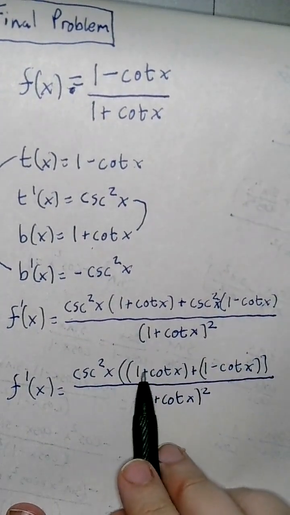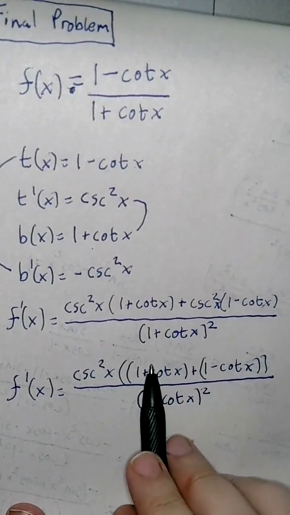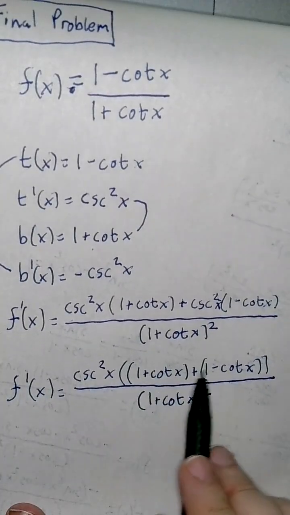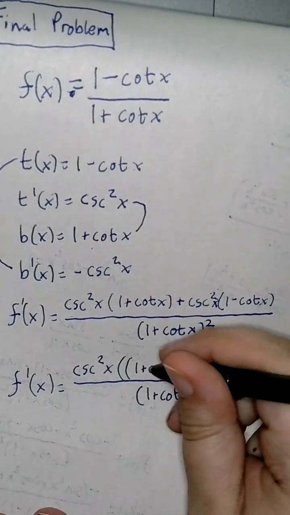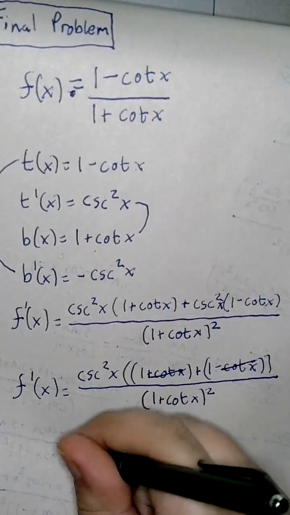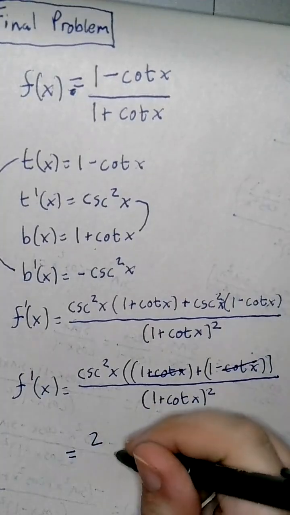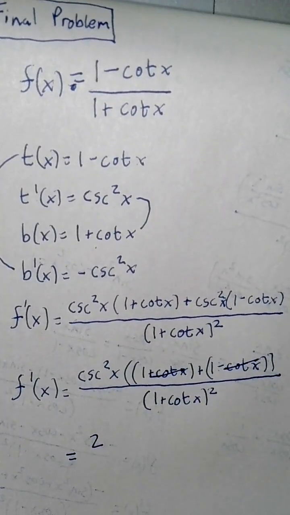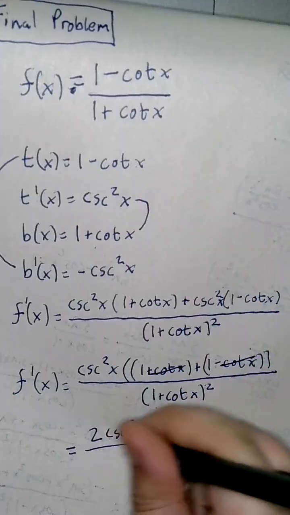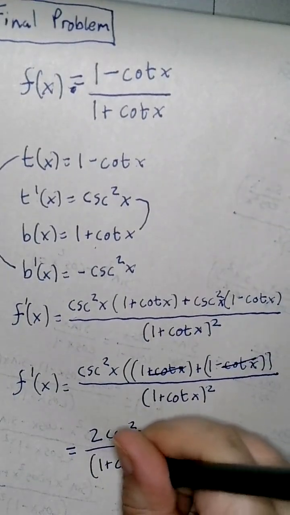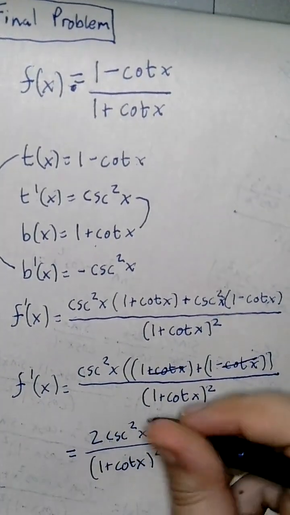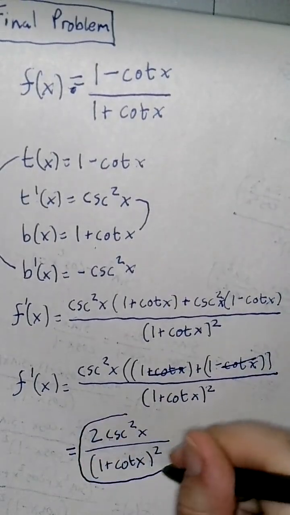Now I can combine like terms inside my parentheses. 1 plus 1 gives me 2, and cotangent plus a negative cotangent is 0, so we can say bye to those cotangents. So I'm left with 2 cosecant squared of x all over 1 plus cotangent x all squared. I don't think I can simplify anymore, so I will go ahead and stop here.